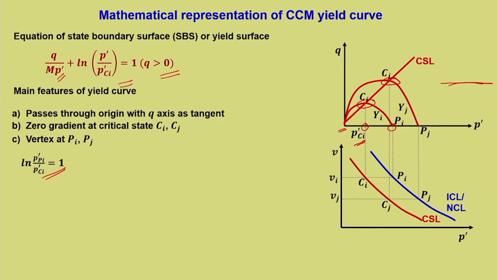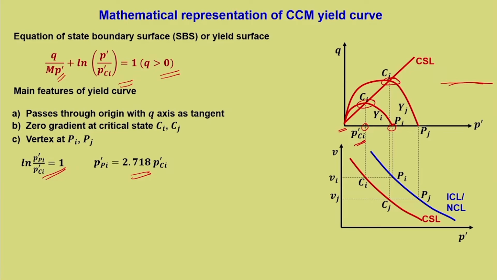And what is the relationship? ln p dash pi upon p dash ci is equal to 1, or if you take the anti-log, p dash pi is equal to 2.718 p dash ci. So, this is one of the attributes of this particular yield curve.